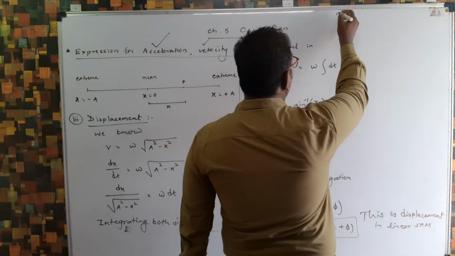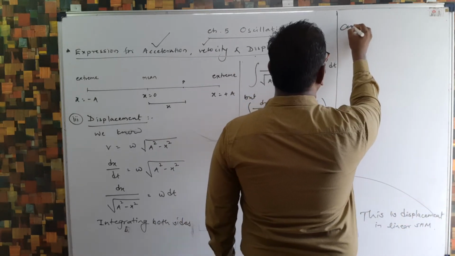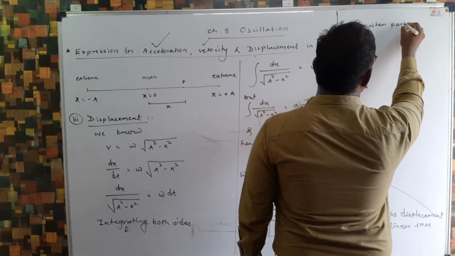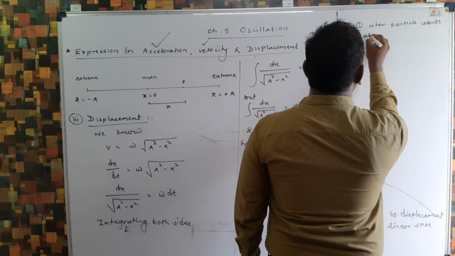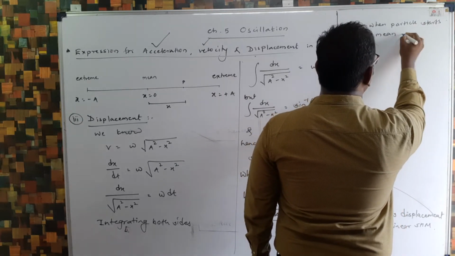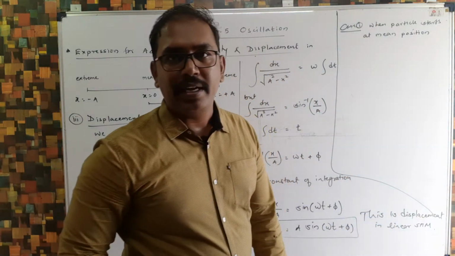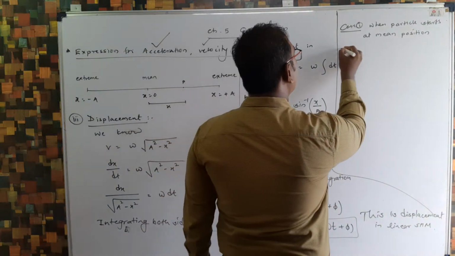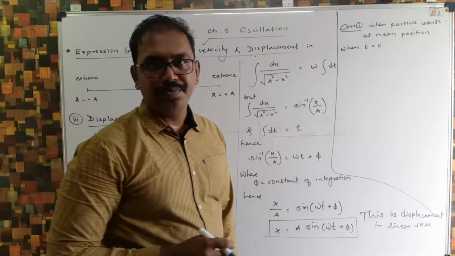Now see here, let us write two cases here. Case 1, when particle starts at mean position. When the particle starts at mean position, it means that when t is equal to 0, time is 0.